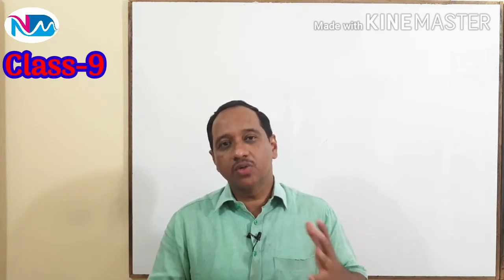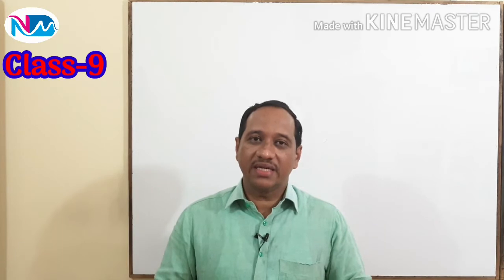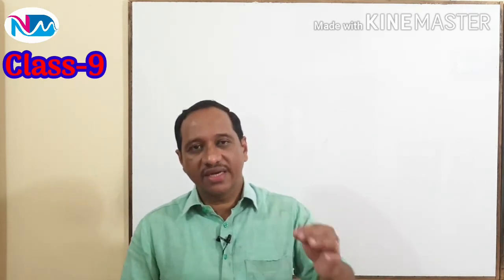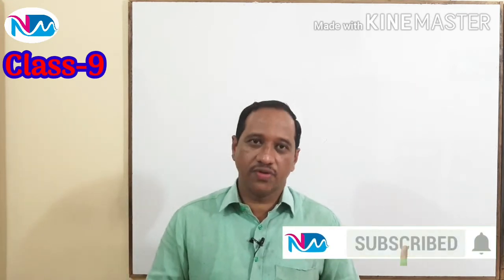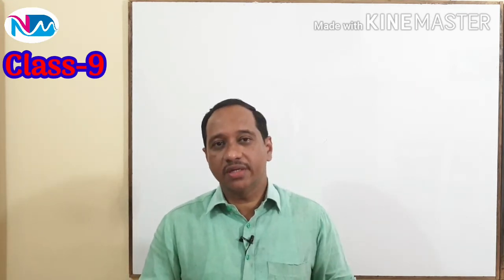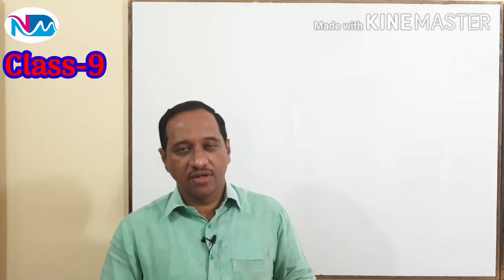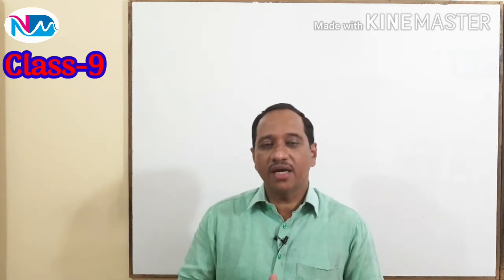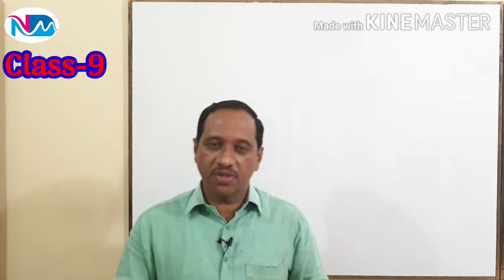Today we are going to do the third exercise of chapter 4, that is linear equations in two variables. This exercise is based on the graphical representation of a linear equation in two variables. In the very first session of this lesson, we have seen what is the graphical representation of a linear equation in two variables.